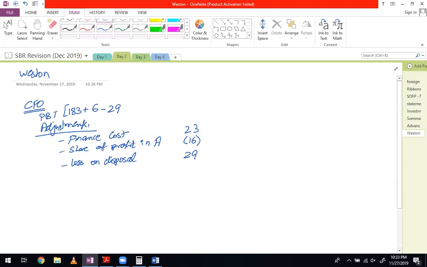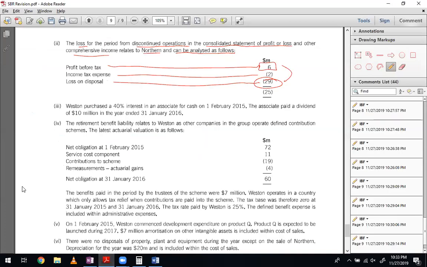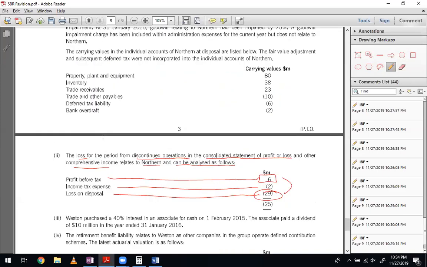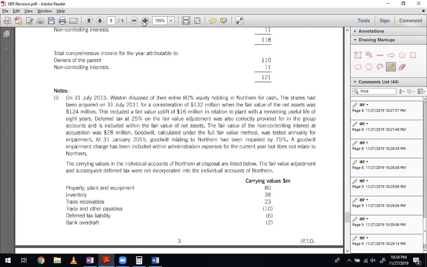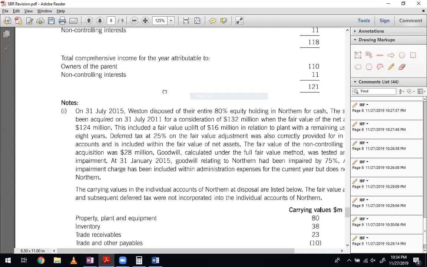Okay, now let's get back to the question. And let's see adjustment number 1 now, because that is one of the difficult adjustments.